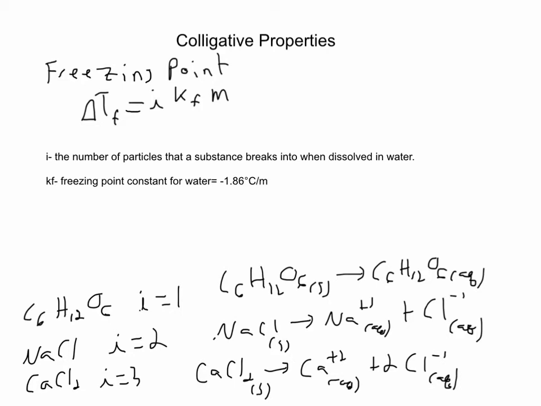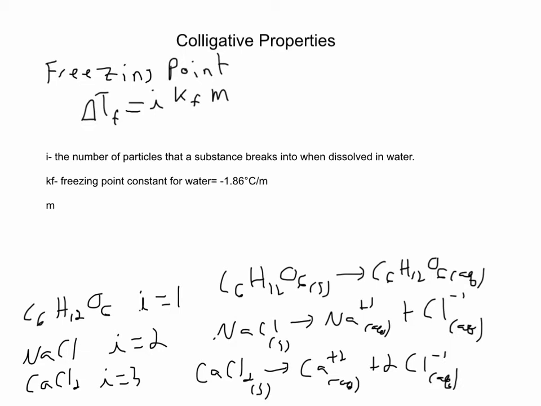And I'll describe what a mole is in a second. But notice how this Kf is negative. This means that the value of the entire equation will be negative because freezing point gets lowered by colligative properties. There's freezing point depression. So we need to subtract whatever we get from delta Tf from the original freezing point.